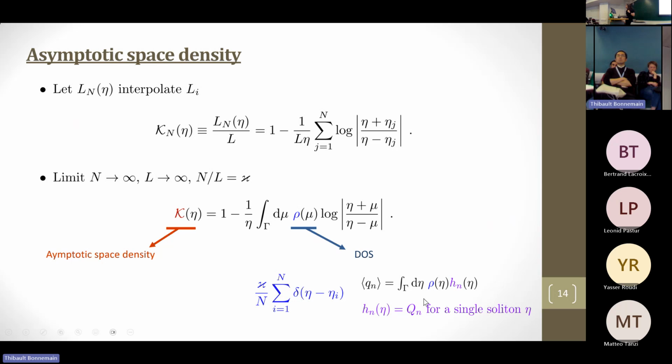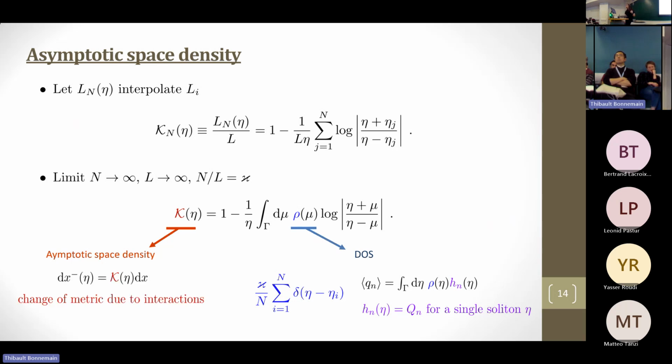I can also use it to compute the ensemble averages of the charge densities by integrating h, which I recall is the amount of charge carried by a single soliton, over the density of states. So this is a rather natural definition. And as I will argue later, this density of states is completely determined by my Lagrange parameters, the betas of my GGE.